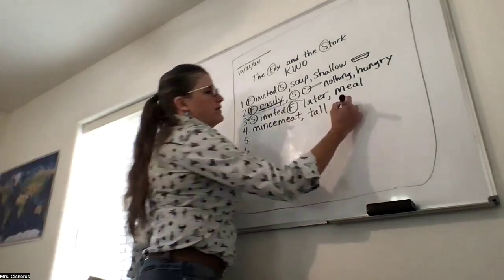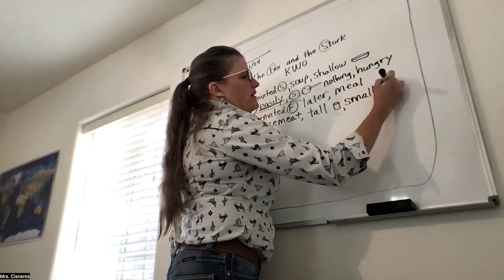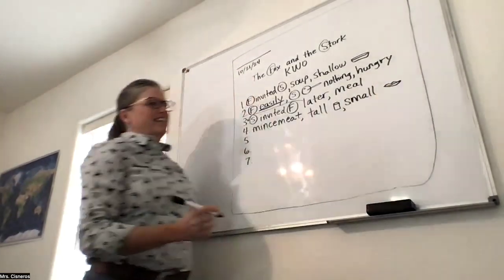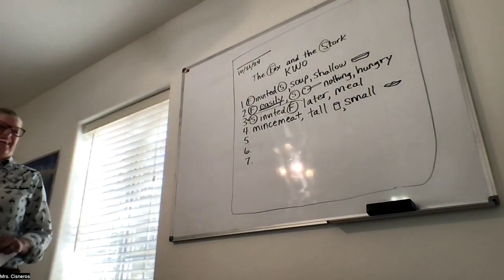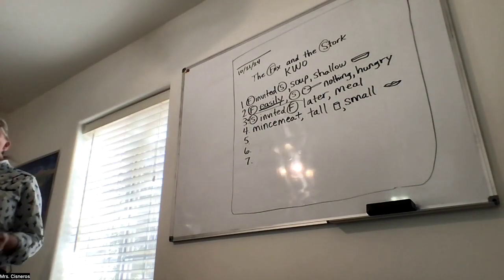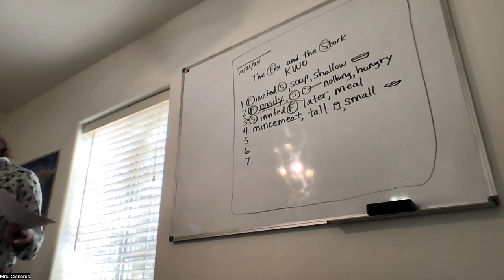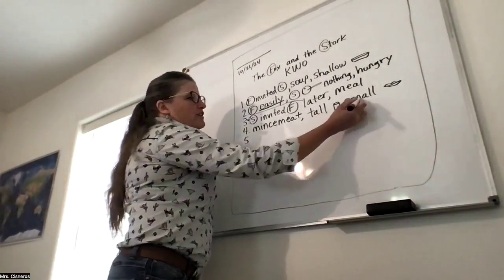Okay, small. I'm going to draw lips. You can draw an open mouth or however you draw a mouth. So we have mincemeat, tall jar, small mouth.